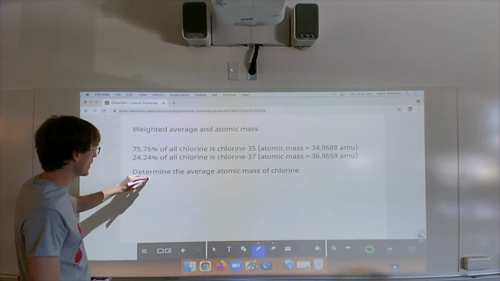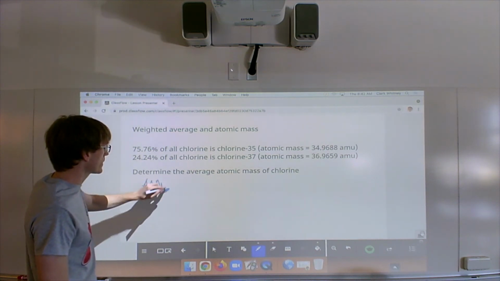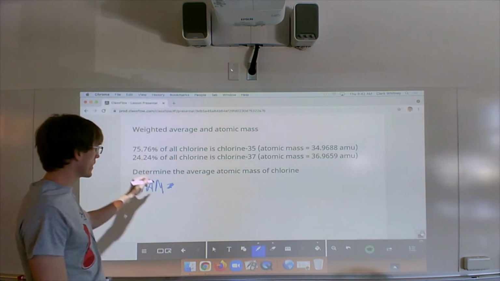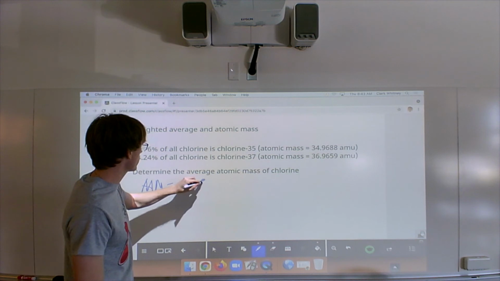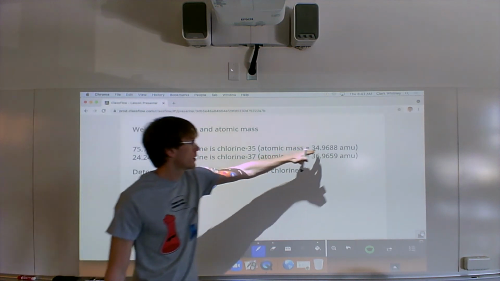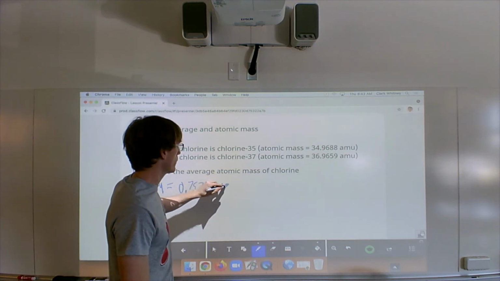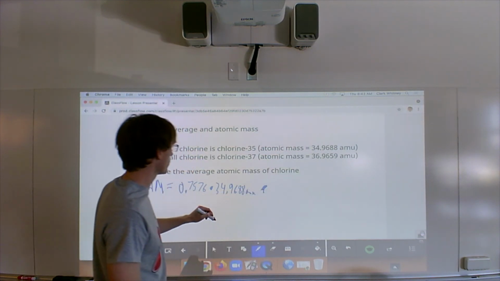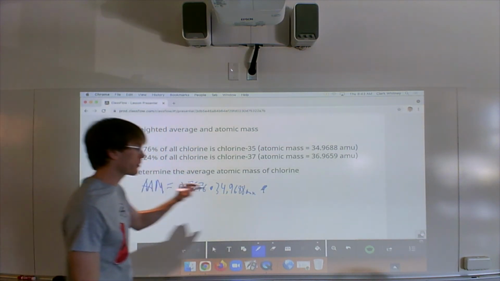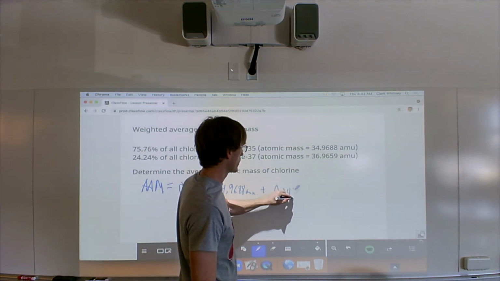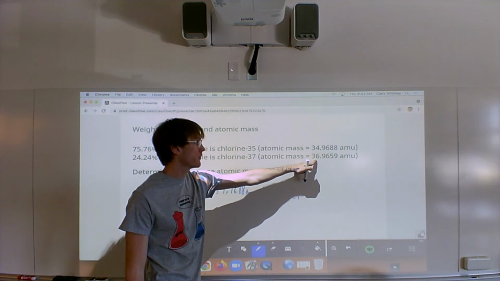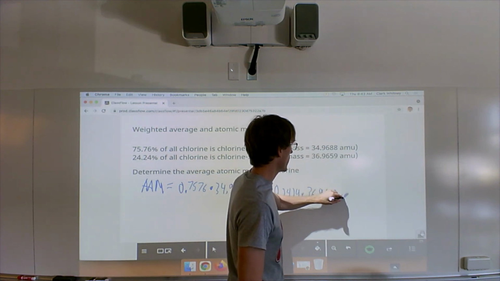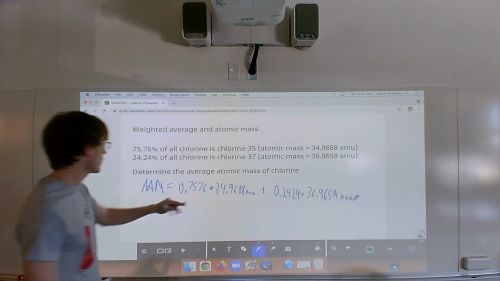So what we can do is say the average atomic mass is equal to that 75.76%, which I'm going to convert to a decimal, 0.7576, times that many atomic mass units, 34.9688 AMU, plus we have the remaining 24.24%, 0.2424, times the atomic mass of chlorine-37, which is 36.9659 AMU, and that is going to be our average.